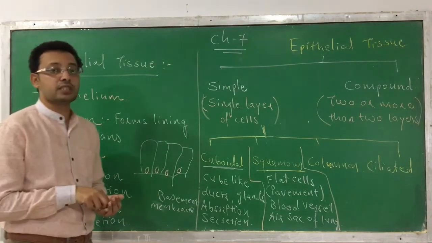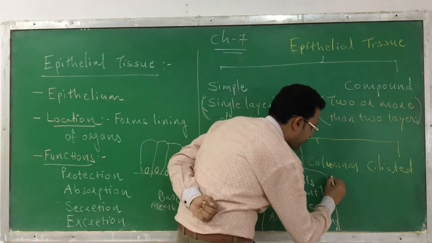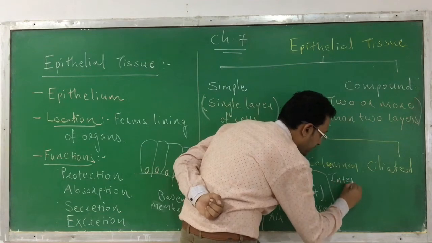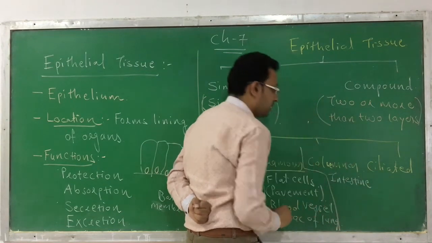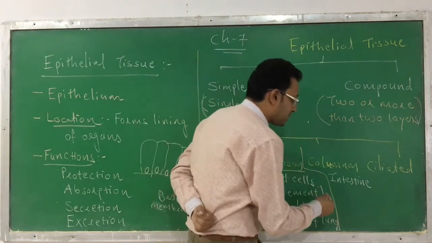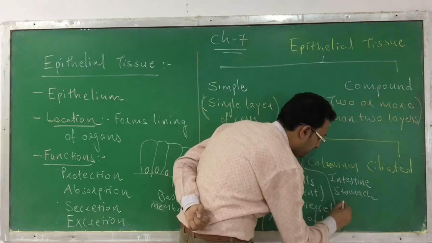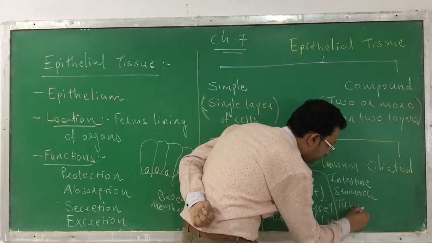Now where is this columnar epithelial tissue present? It is present in the wall of the intestine. It contains these columnar epithelial tissues, which are very long. It is also present in the stomach, or in the tubules of the nephron.